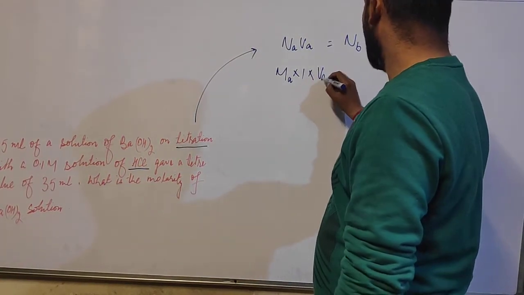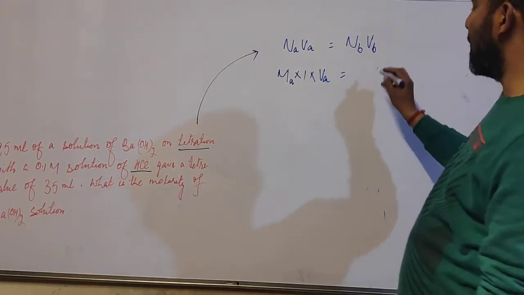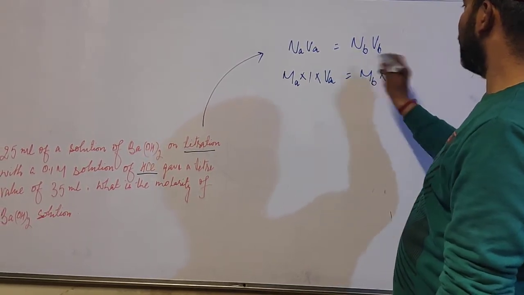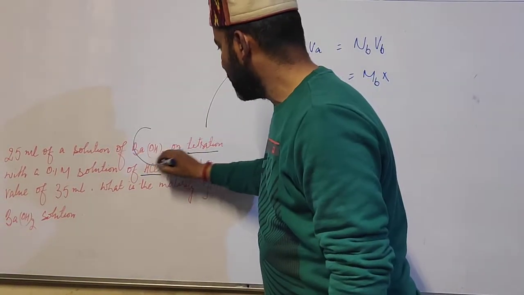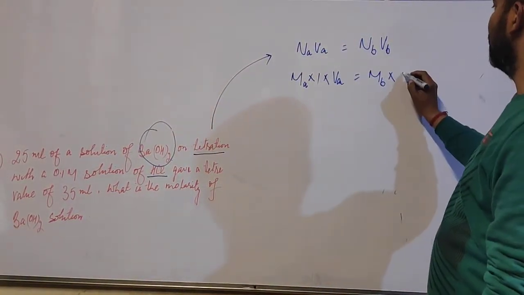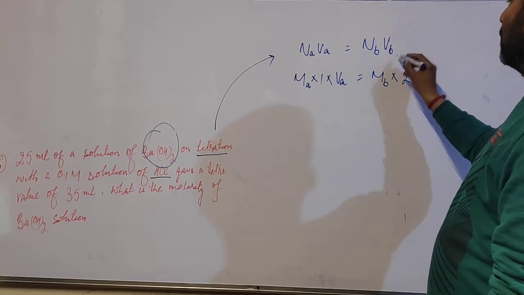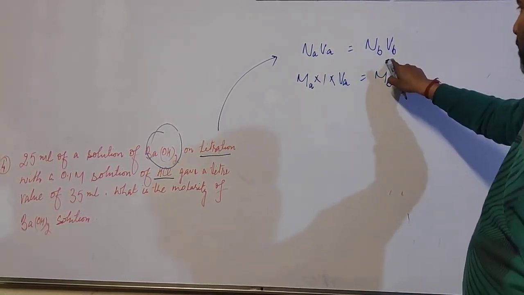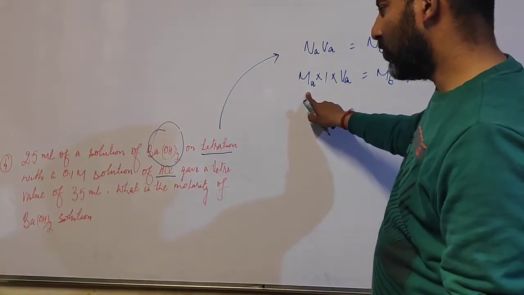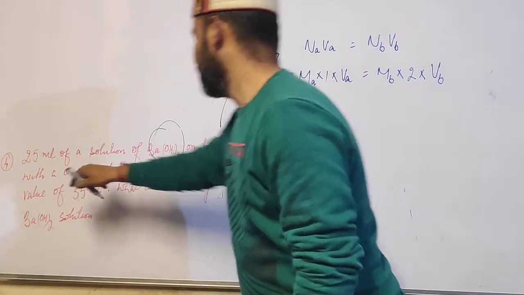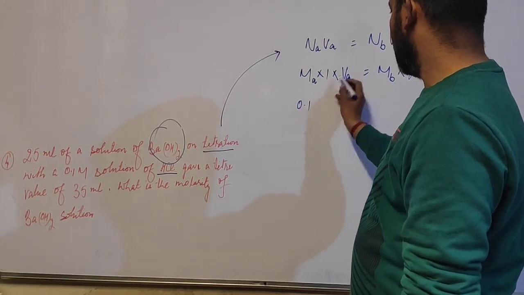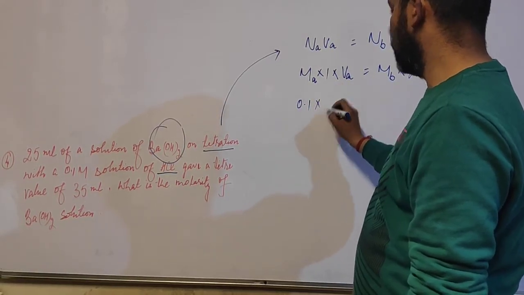Okay, now normality of base means molarity of base into N factor of base. Now base we have barium hydroxide and its acidity is 2, into what? Volume of base. Now students, molarity of acid is given, which is 0.1 into 1 into volume.